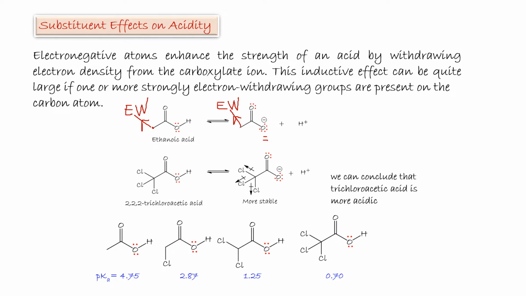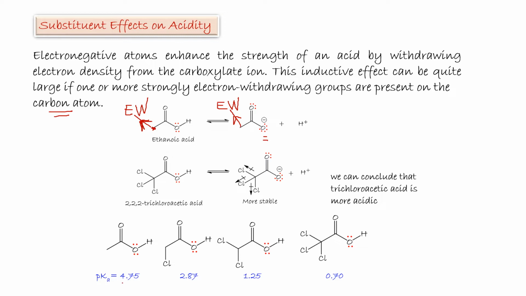This inductive effect can be quite large if one or more strongly electron withdrawing groups are present on the carbon atom. As we increase the electron withdrawing effect, either by the group or the number of groups attached to the alpha carbon, that increases the acidity.